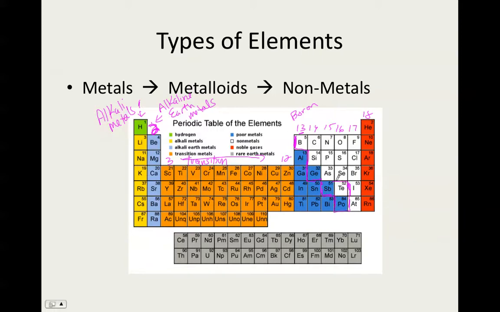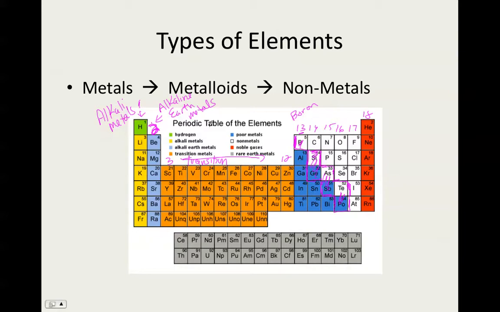So our staircase of our 6 metalloids. The boron group has a metalloid in it and then 4 metals. All of those elements have 3 valence electrons. And the carbon group has 1 nonmetal, 2 metalloids, and 2 metals in it. And they have 4 valence electrons.